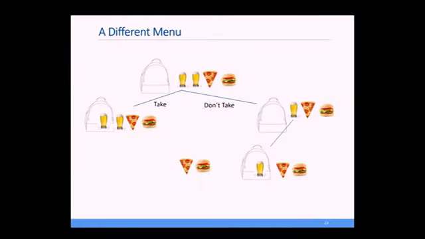So this menu happens to have 2 beers in it. Now, if we look at what happens, do we see 2 nodes that are solving the same problem? And the answer is what?